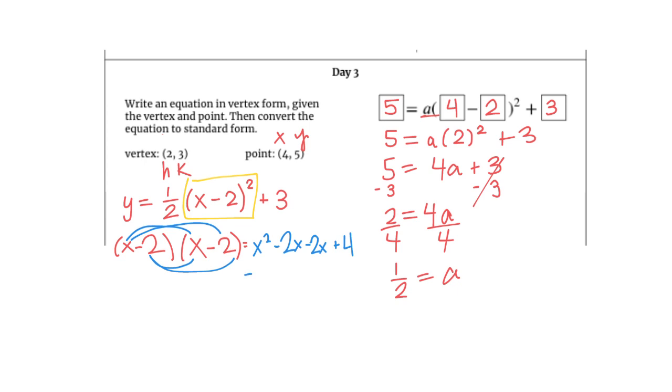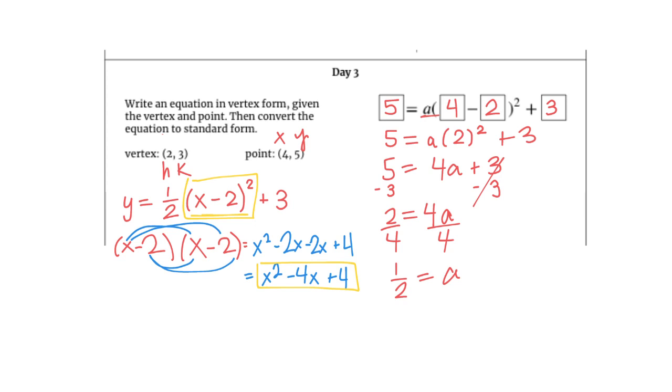Okay, so now when we write this, it'll be x squared. And then negative 2x minus 2x gives us negative 4x. And then plus 4 at the end. So now I want to take this right here and plug it in for what I boxed for the x minus 2 squared.